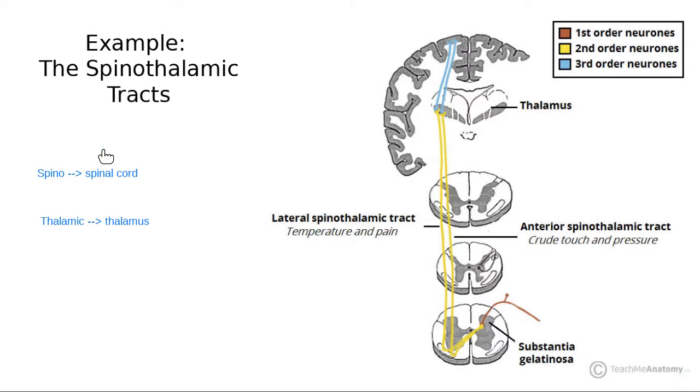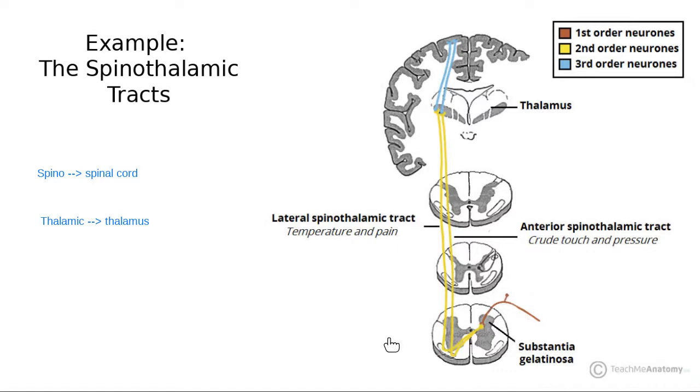Okay, so check this out. This tract is called the Spinothalamic Tract. Spino comes first, so that means I start in the spinal cord. Thalamic comes second. That means I'm going to the thalamus. The Spinothalamic Tract goes from the spinal cord to the brain.